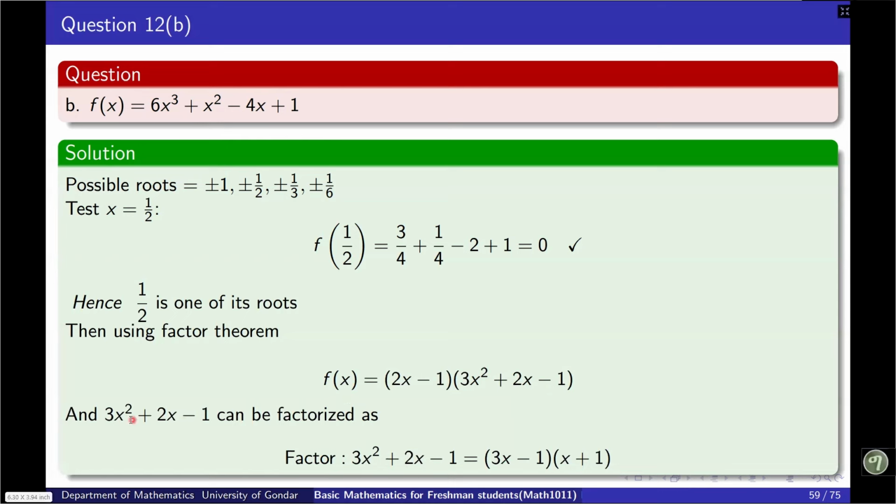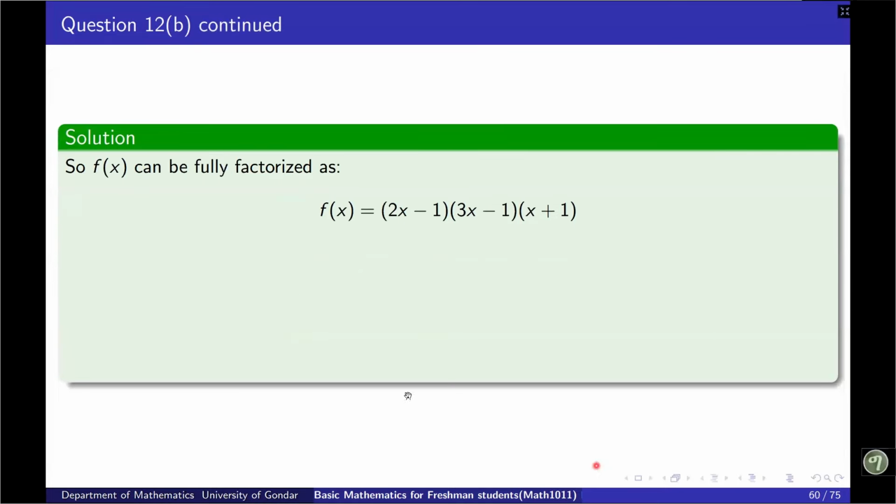And this quotient, 3x squared plus 2x minus 1, can also be factorized as 3x minus 1 times x plus 1. So f of x can be fully factorized as 2x minus 1 times 3x minus 1 times x plus 1, so that from the roots of its linear factors we can determine the roots of the given polynomial function.